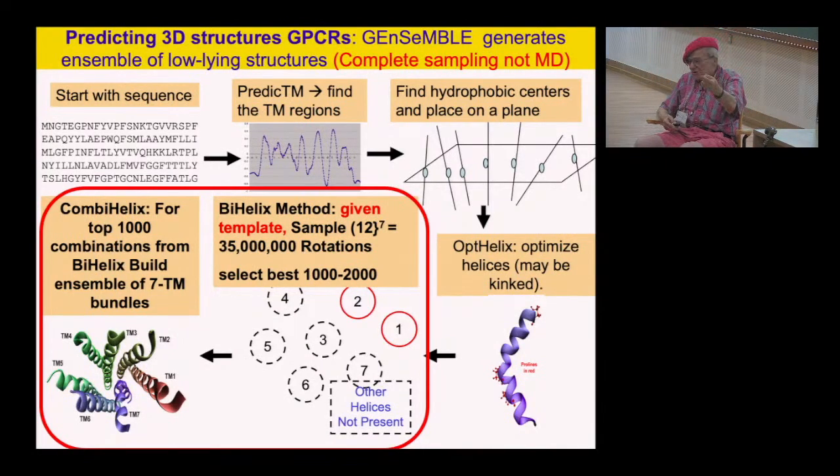If we start with a known crystal structure, we almost always end up with that as number 1 structure out of the 35 million. And that says that the methods we're using to predict where the side chains are, the methods we use to evaluate the energies, are good enough to be able to recognize the winners.